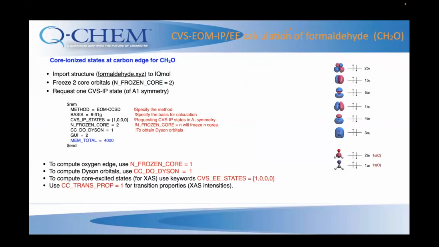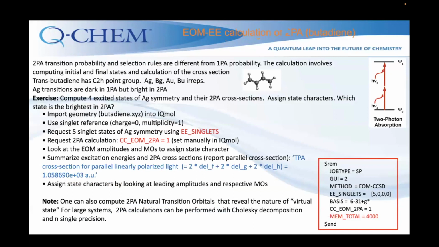So the second example is related to core level states, and it refers to calculating ionized states. So that would be a CVS EOM-IP calculation, and there are a few details here. Now I want to say that we discovered a glitch about oxygen K-edge calculation, so the TAs can explain what it is. So just do calculations of carbon K-edge for now.